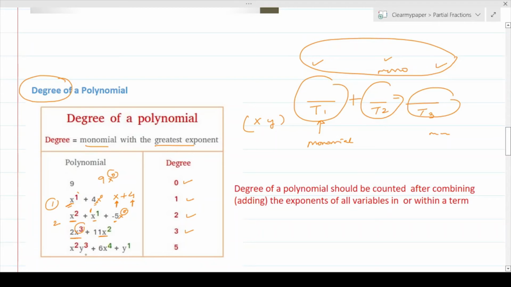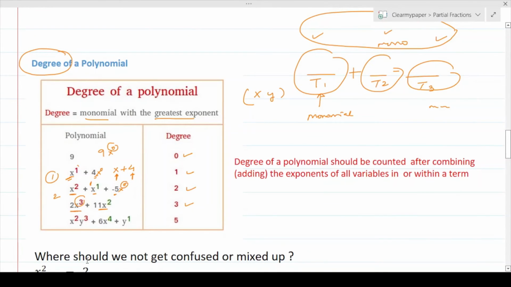And over here, it's tricky, and I'll put some more examples here. The first term has two variables. It has two unknowns, x and y. And there's a second term and there's a third term. So it has 3 terms. This is term 1, term 2, and term 3. Okay. And whenever you have two variables or more than one unknown and they have some exponents, the trick is you should add them because this whole thing is part of one term itself, right?